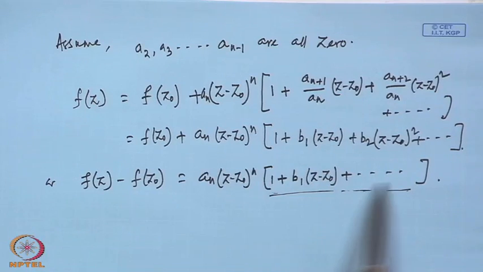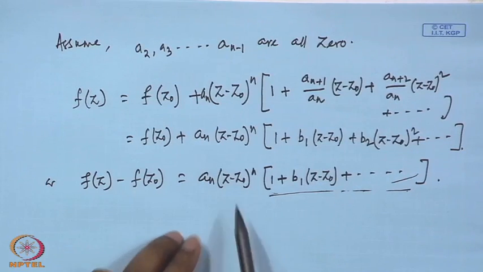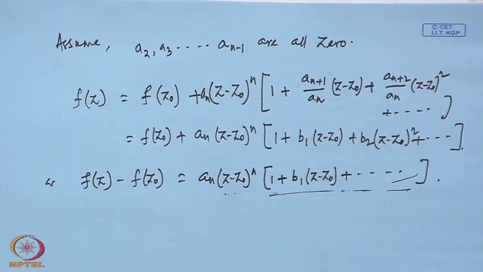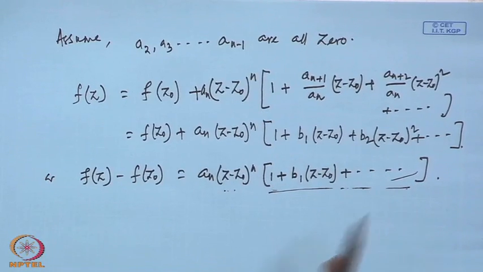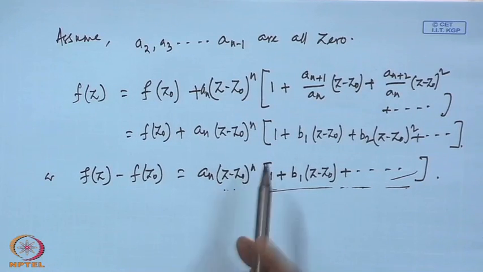So, in this part there is no critical point. The effect of the critical point is evaluated here only in (z minus z naught) to the power n. The transformation by this part will preserve the angle. Only this part we have to check for what will happen to the angle.